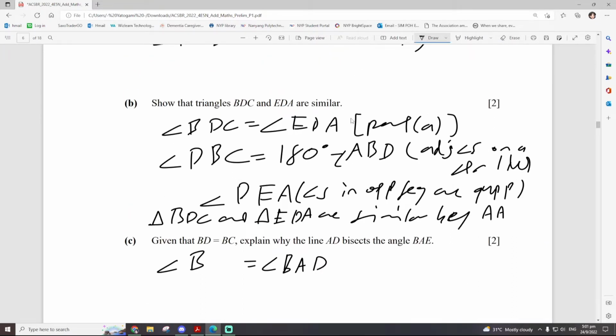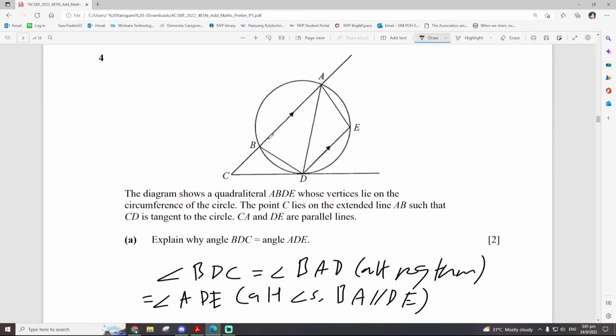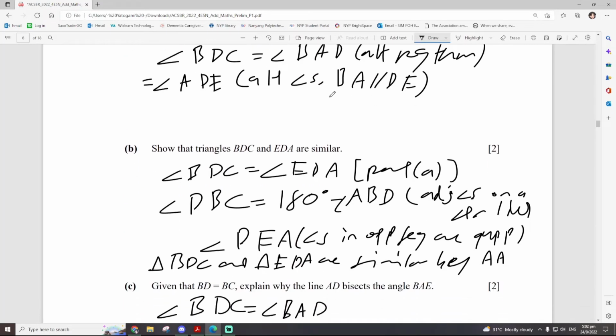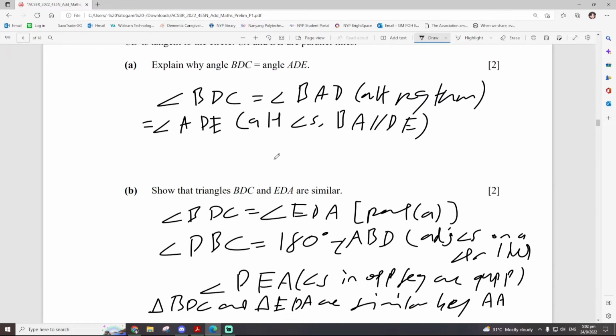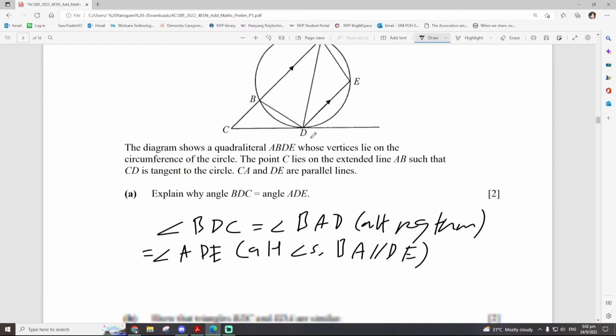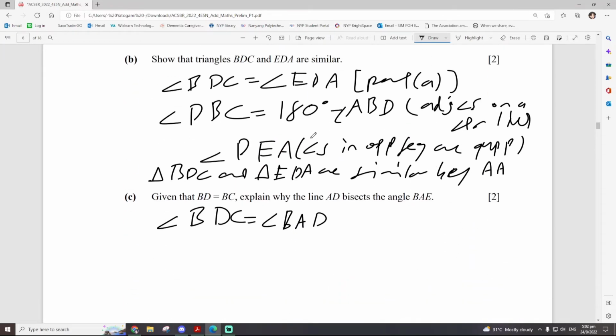Which I don't need to restate the reason for because we already know why that's the case. And we also know that angle BCD is angle DAE. This is similar triangles.